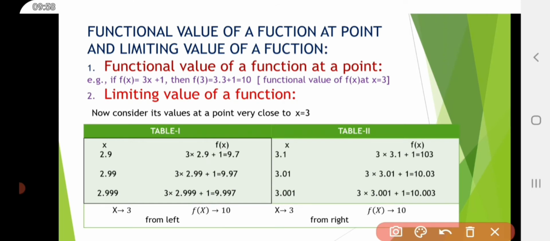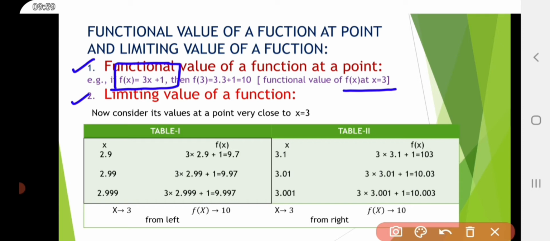First, we know about the functional value of a function, then the limiting value of a function. So first we consider a function, let it be f of x equal to 3x plus 1. Now we shall find the value of f of x at x equal to 3.